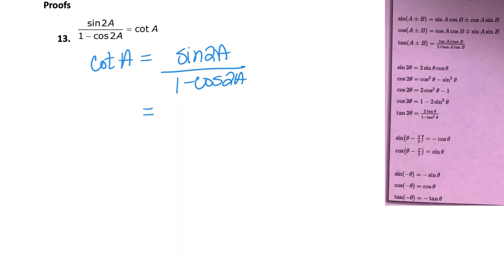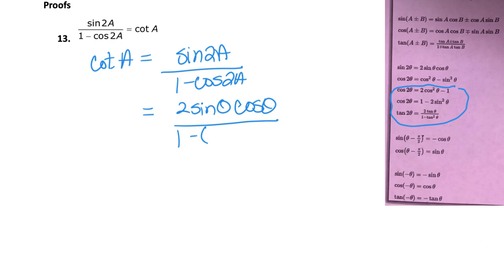So at this point, all I can really do is expand it out. Sine 2A equals 2 sine theta cosine theta, all over 1. And now I have to figure out which one I want to do of all these cosine ones. Okay, so I'm thinking, I had to stop and do it so I could think about it.